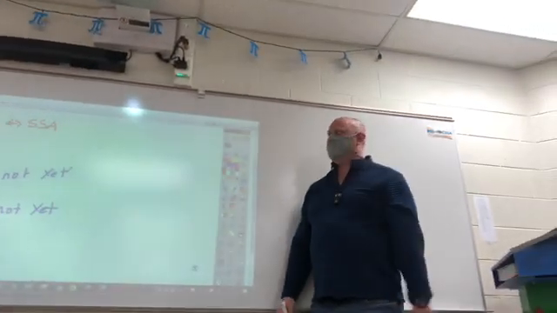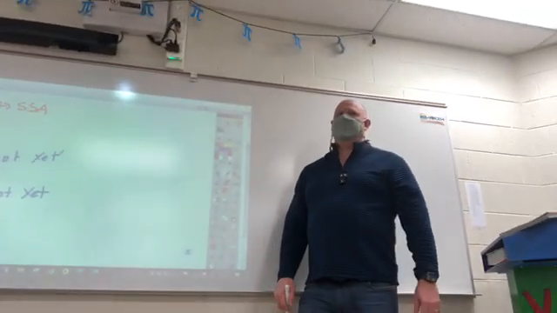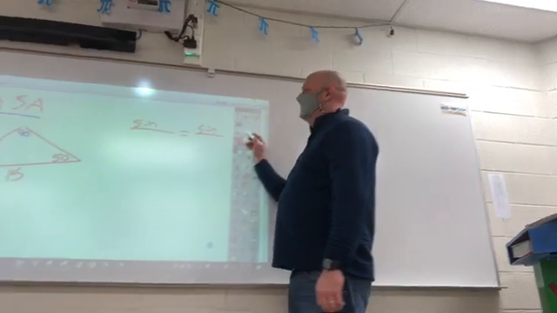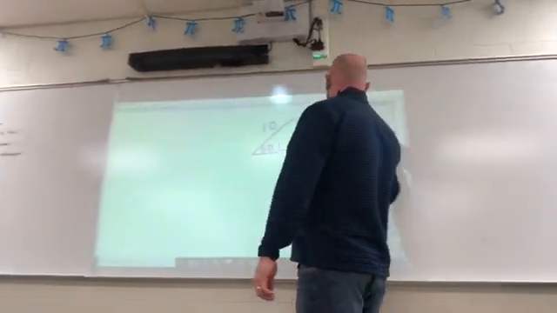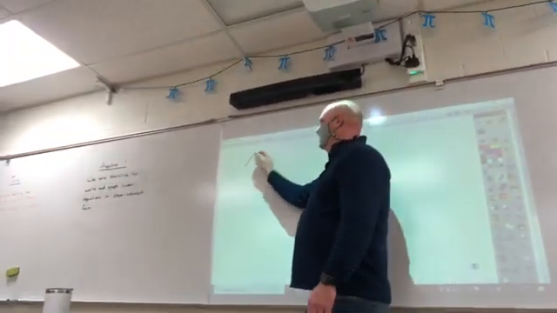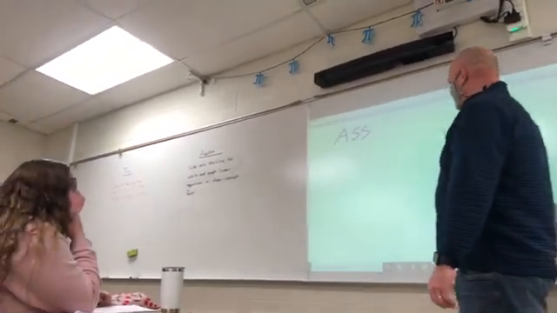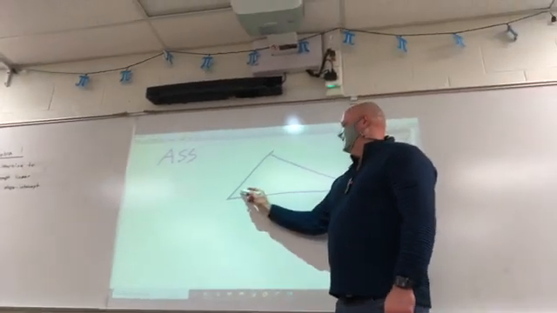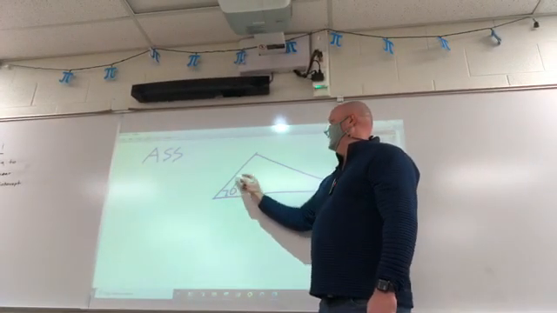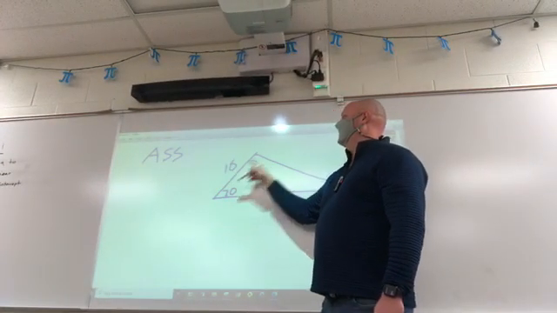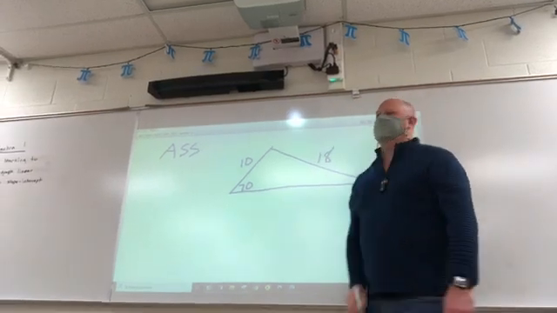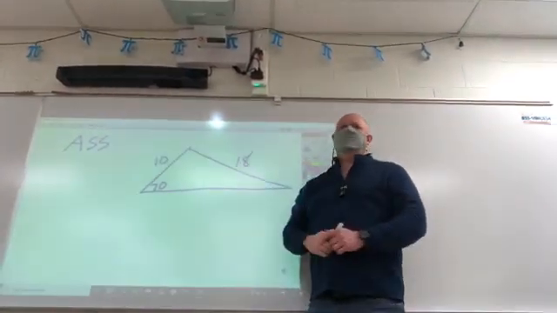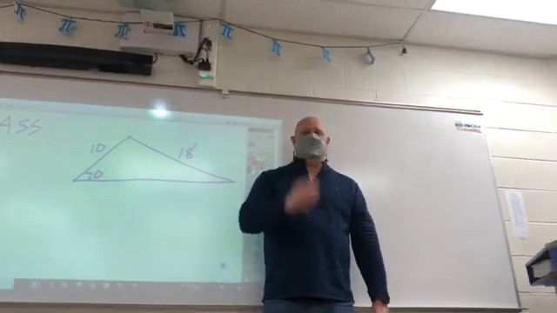Okay? How about the one that spells a bad word? How about angle, side, side? So we'll say this is 70, this is 10, and then this would be 18, right? That's angle, side, side. Do I have a pair? Yes.